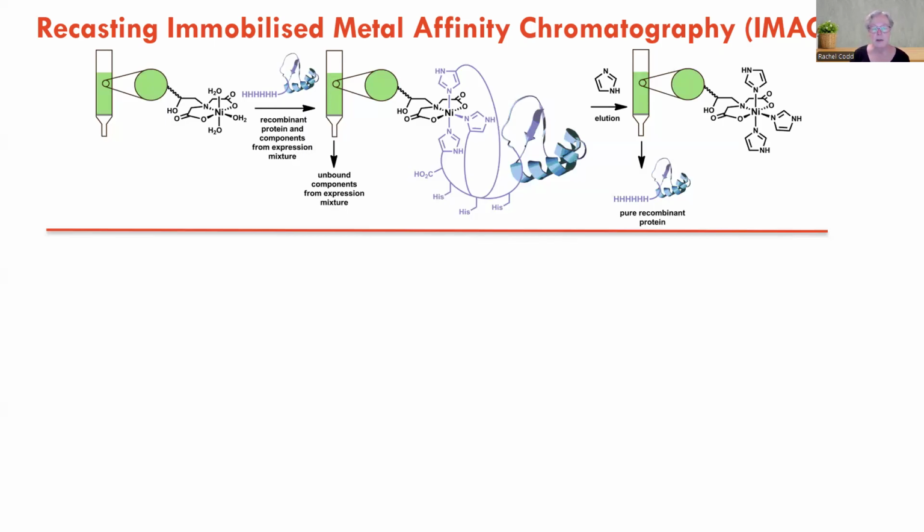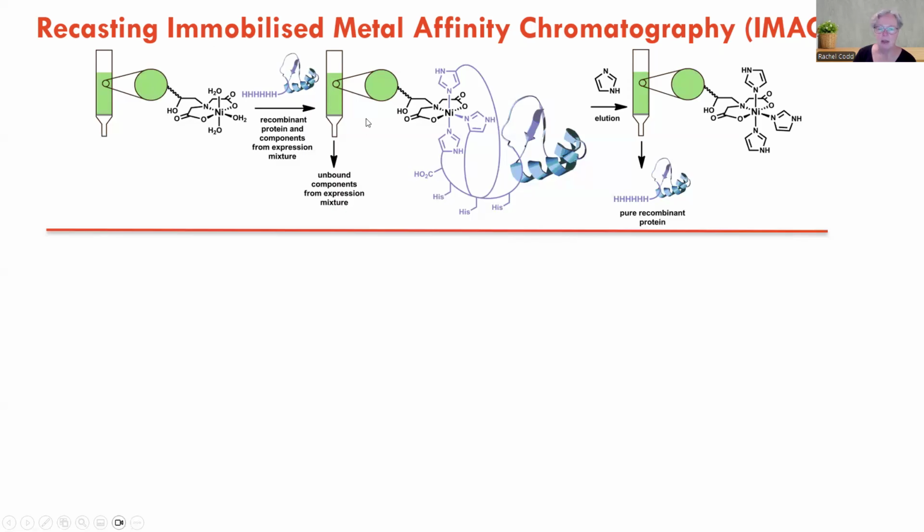Now, the imidazole groups of a histidine amino acid residue have a high affinity towards nickel, and the histidine residues are configured in a manner where they displace the water molecules from that nickel aminodiacetic acid coordination sphere and then create this hexadentate saturated coordination sphere. So essentially this histidine protein is now adsorbed using affinity chromatography to the nickel center.